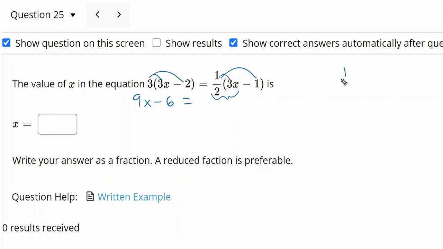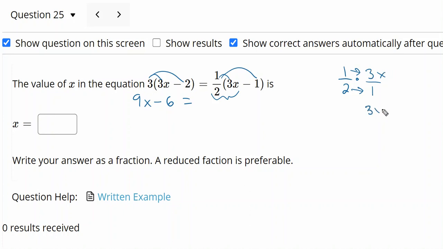So if I've got 1/2 times 3x, well, do you remember with multiplying fractions, how this is really like 3/1, right? And multiplying is the easy one. Multiplying is just straight across. You don't have to find a common denominator or anything like that. So this is just 1 times 3x.